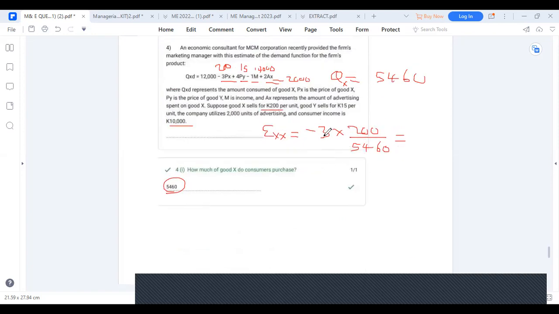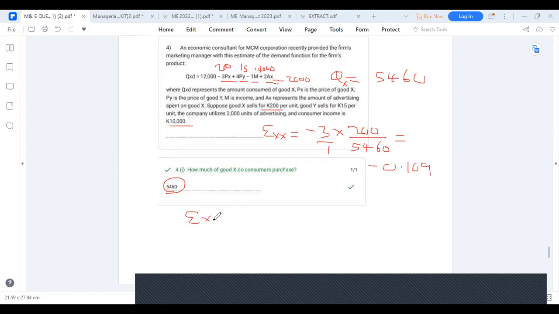Negative 600 over 5460. What are you getting? Negative 0.109. This is called own price elasticity.